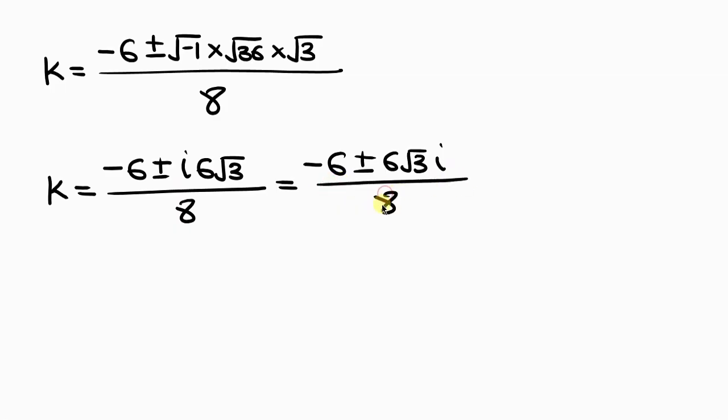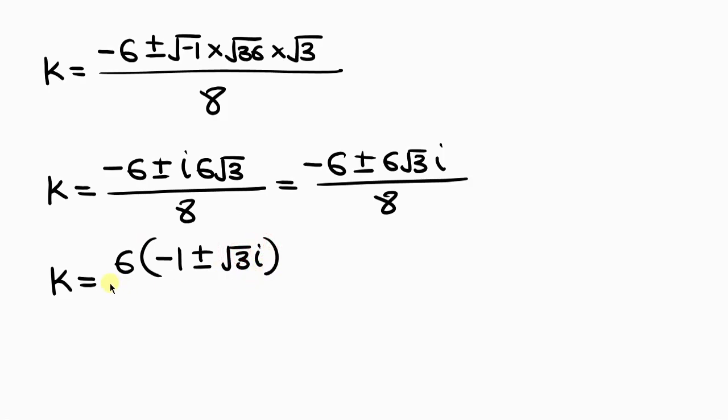All over 8. Now notice that on the numerator, 6 is common, so we're going to be factoring out 6. So k will then be equal to 6, open bracket, negative 6 divided by 6 gives negative 1, plus or minus 6 root 3 times i divided by 6 gives root 3 i.